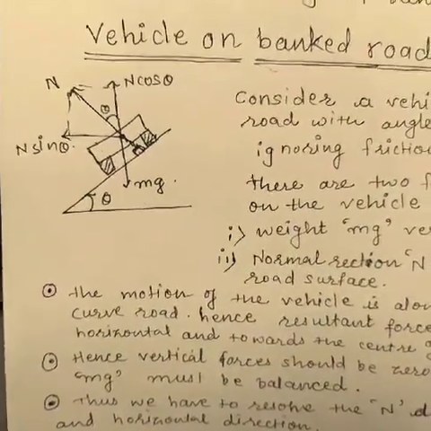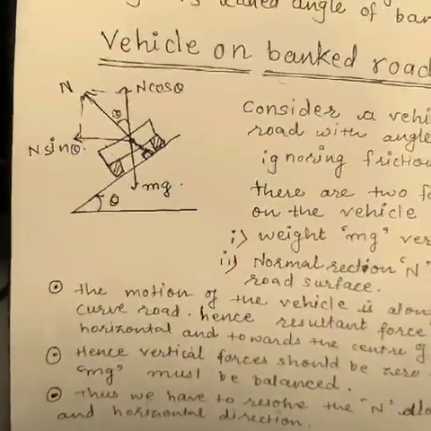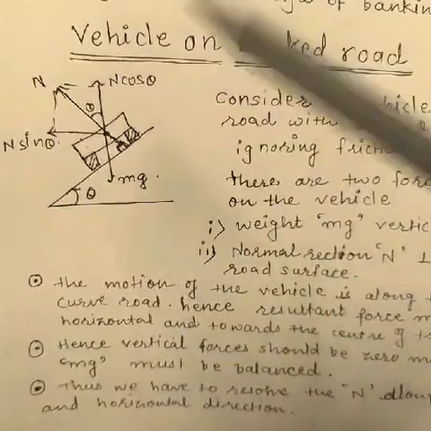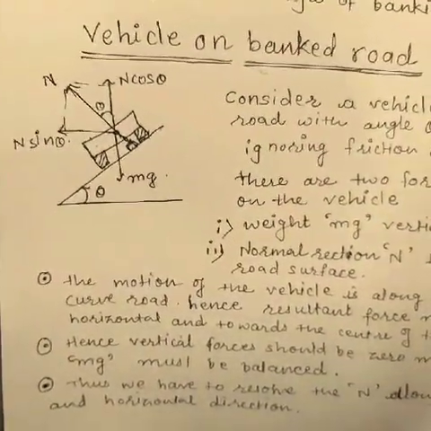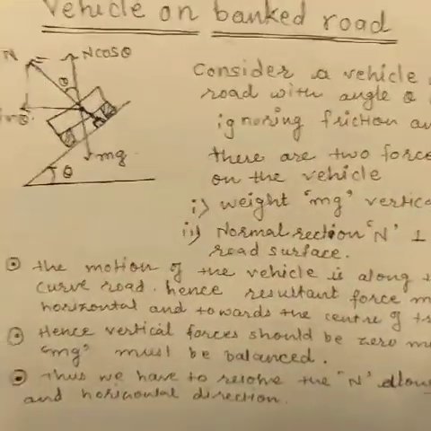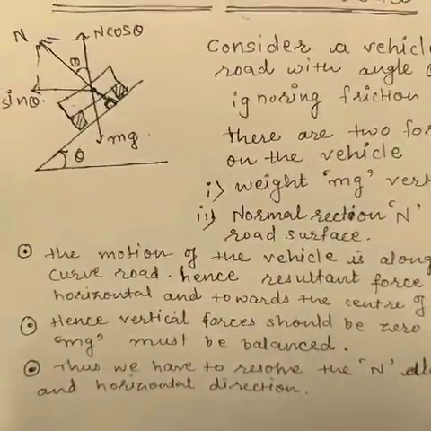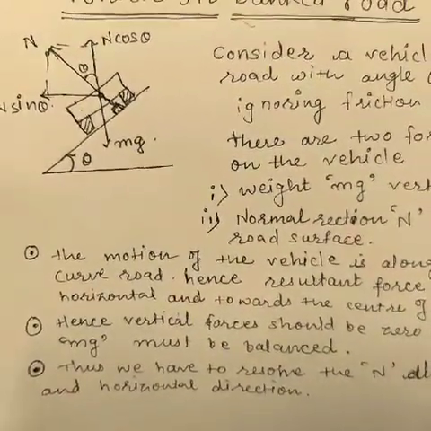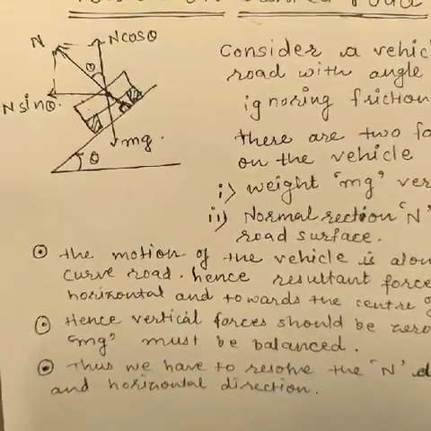So the resultant should be centripetal, meaning the vertical forces must cancel; the net vertical force should become 0. There must be components which balance mg.